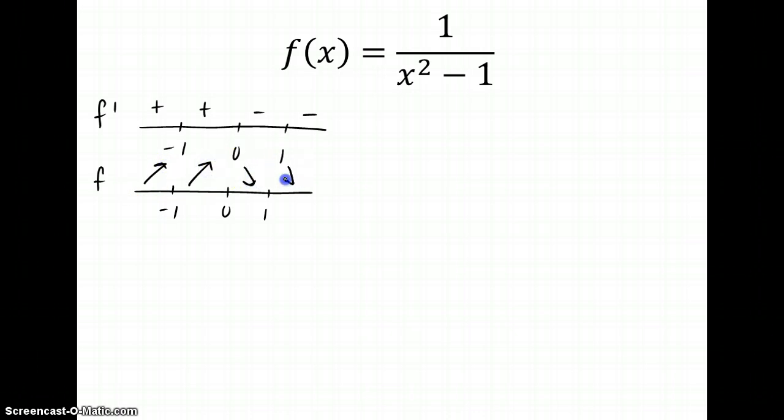Increasing and then decreasing. And just like the previous example, notice there's only a sign change in the derivative at 0. So the only relative extrema that occurs, which is a relative max, is at 0.